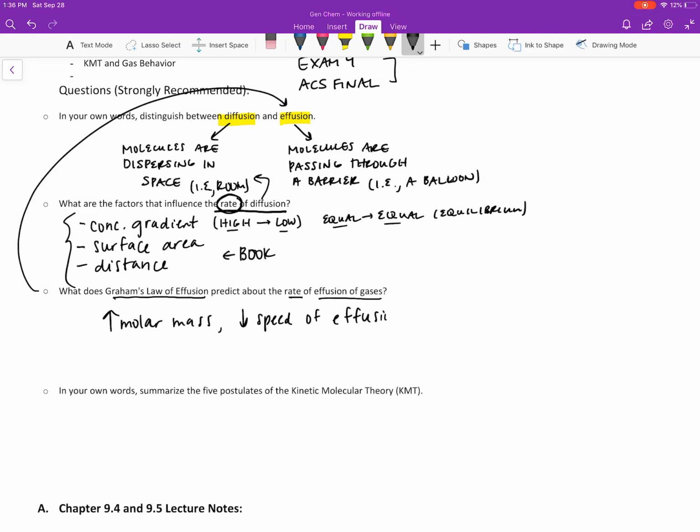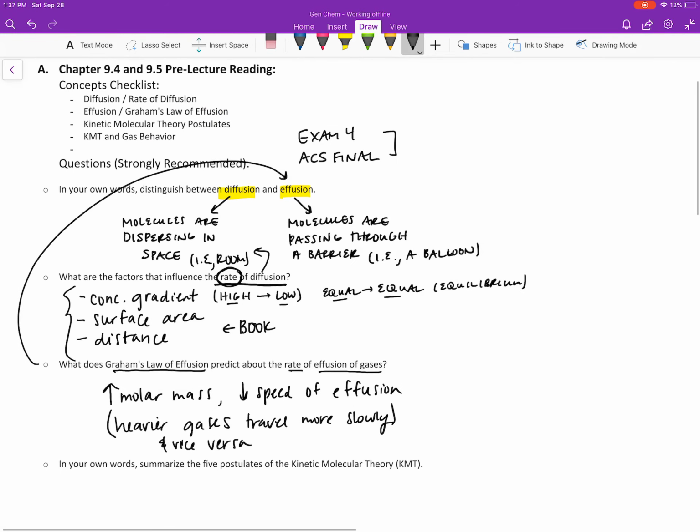Okay, so they are inversely related, meaning heavier gases will travel more slowly. Okay? And then vice versa is true. The lighter gases will travel more quickly. Okay, so that should help with the Graham's law of effusion.